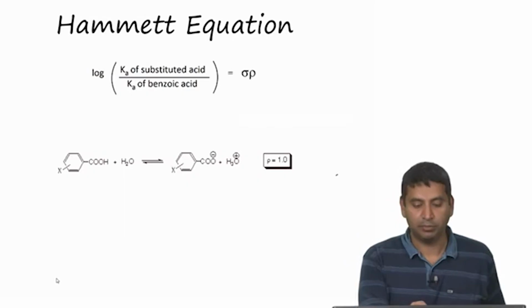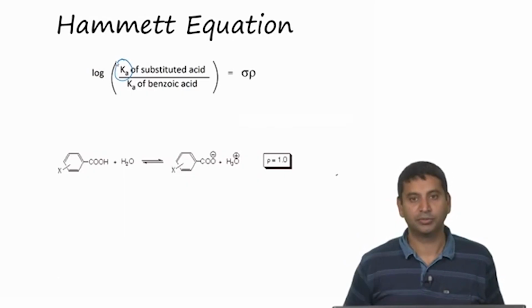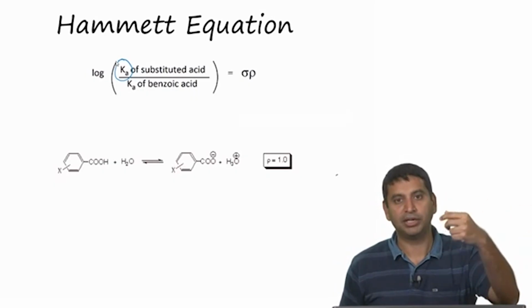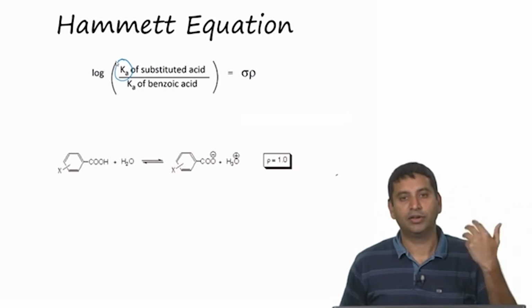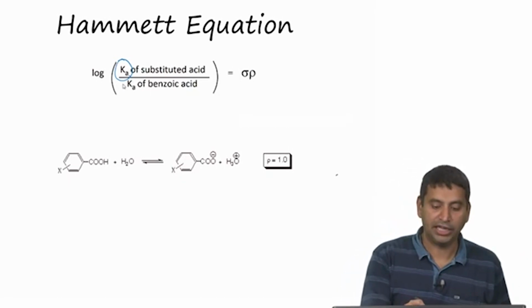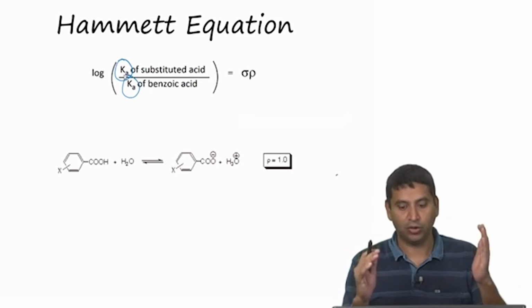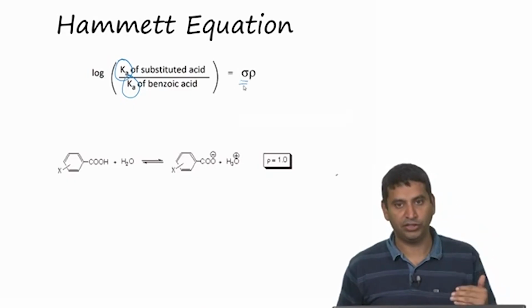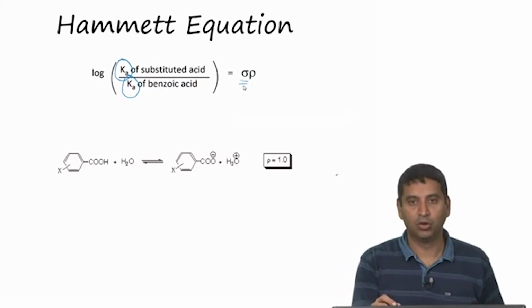If I take the K of a substituted acid, K equilibrium can be converted to Ka by factoring in water. So, if I consider the Ka of a substituted acid and compare it with the Ka of benzoic acid, and take a log of this, then we have already defined sigma as being the ratio of these two parameters, and now the slope in this case would be 1.